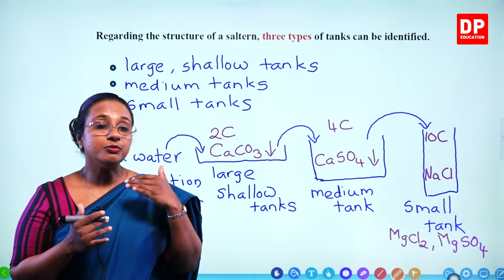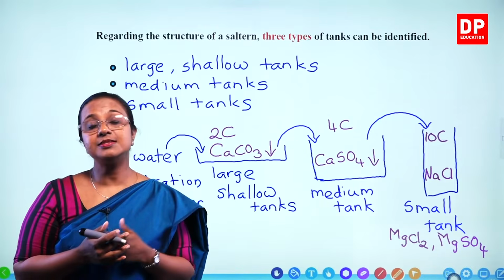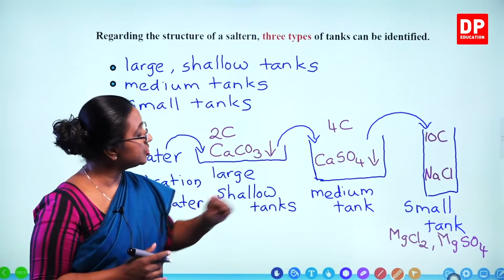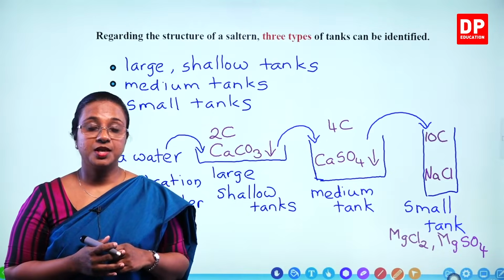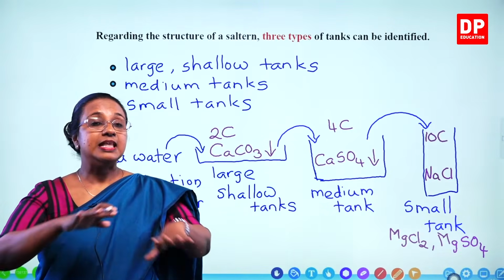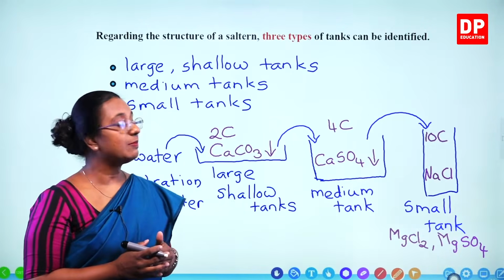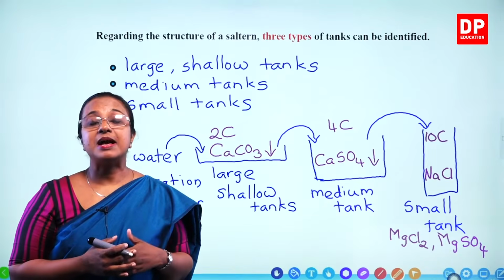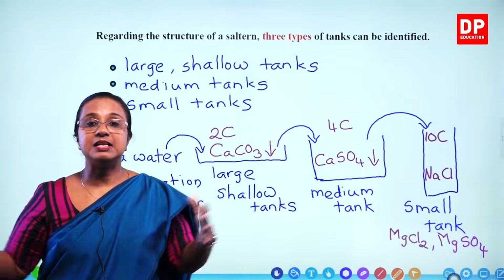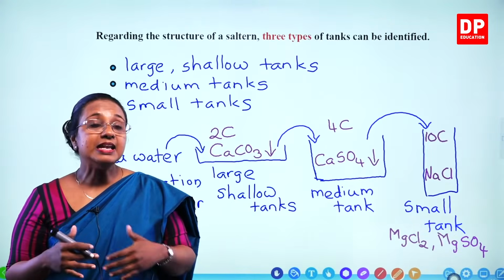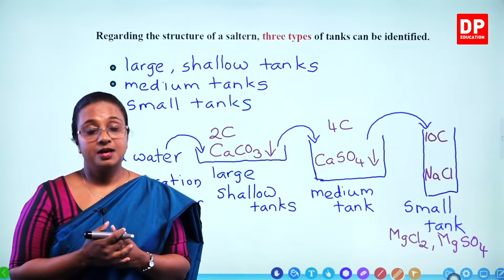So, in order to prevent the reduction in quality or to increase the quality of salt, these two impurities have to be removed from salt. So, what they do is they heap up the salt, sodium chloride containing magnesium chloride and magnesium sulfate, near the salterns in a pyramidal structure, and they allow it to evaporate in air.